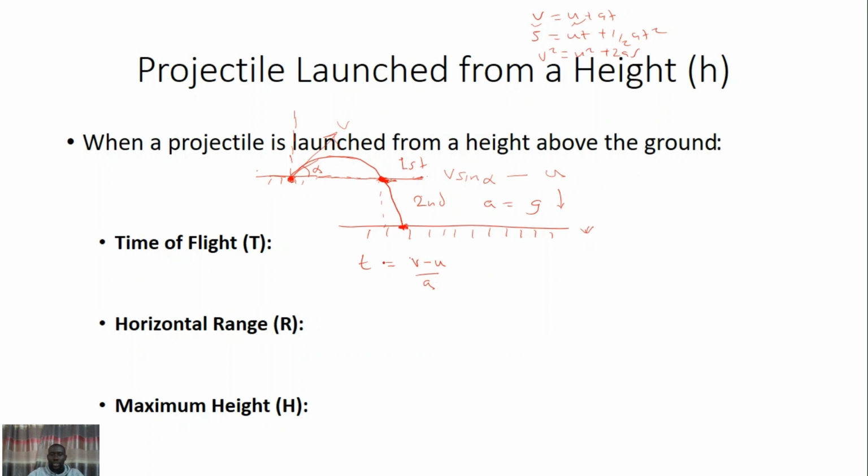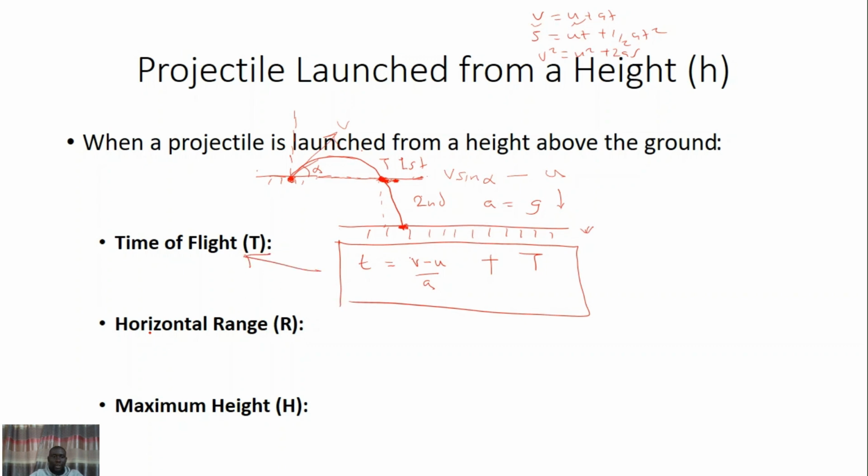So this will give you the time to travel from this level to this level. Then you add it to the total time of flight it used to travel from here to here, which we dealt with in the previous slide, which is t. This will give you the total time of flight.